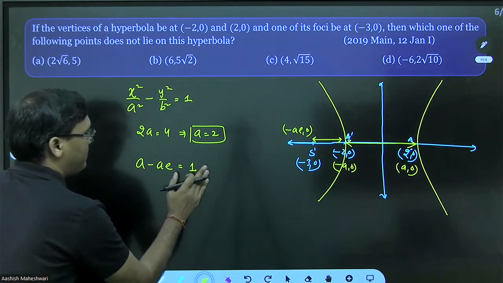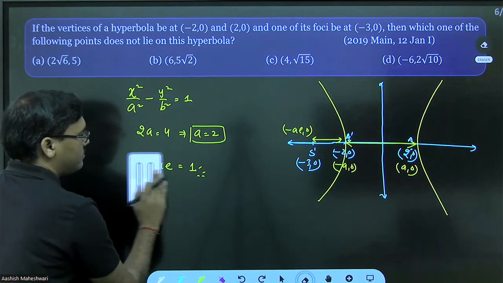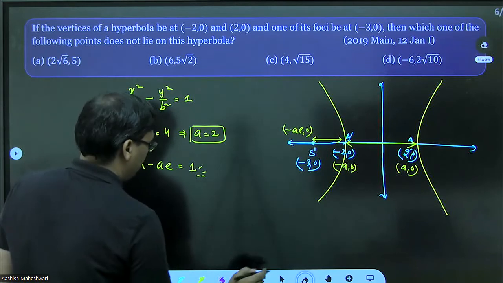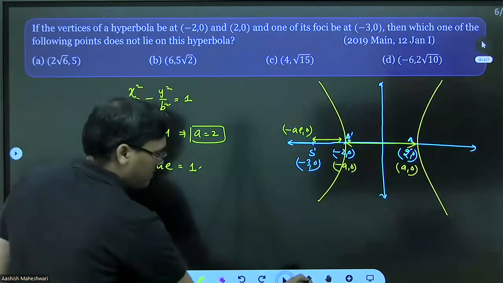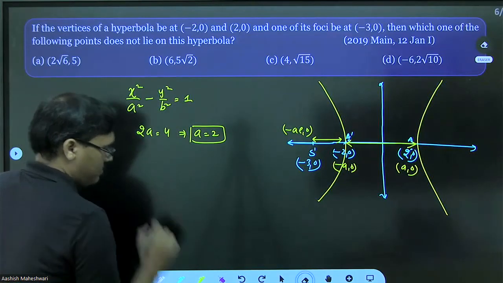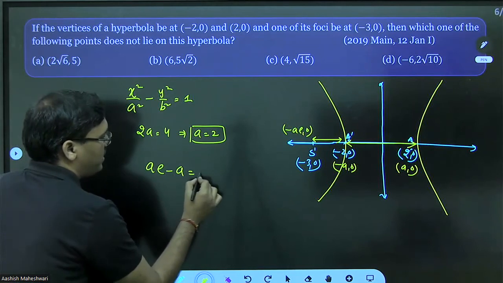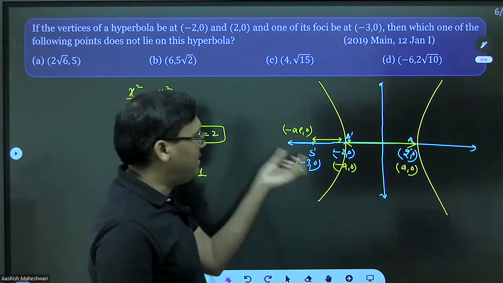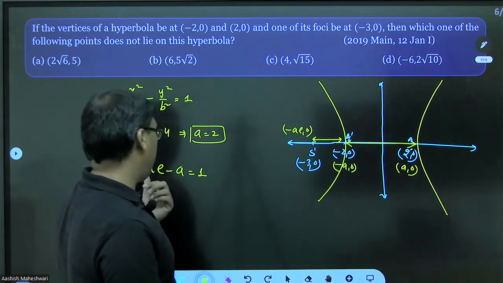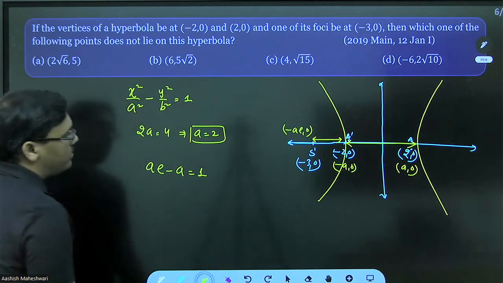Wait, I have to just wait. This should be ae minus a equal to 1. Why? Because magnitude wise ae will be more than a, right? So that is why I have taken ae minus a. This distance should be equal to 1. So this is the second relation.